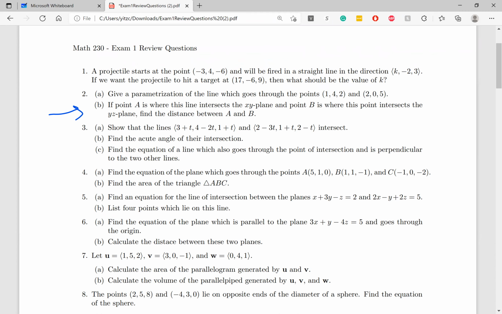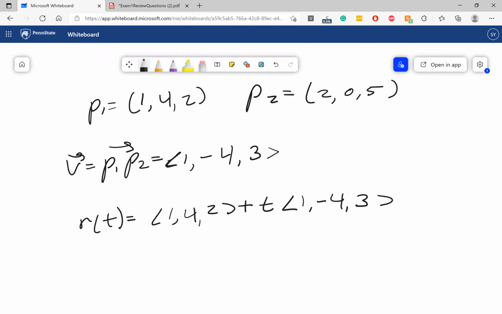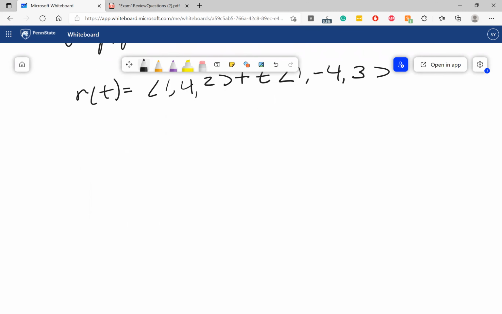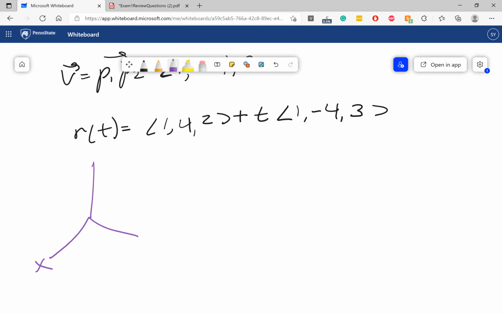So the way to do this is to try to get the formulas of the planes that are being discussed. So one of the planes is the XY plane. Its normal vector is a vector pointing in the z direction, and it goes through the origin.